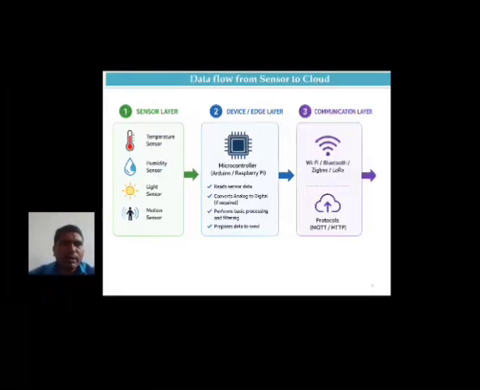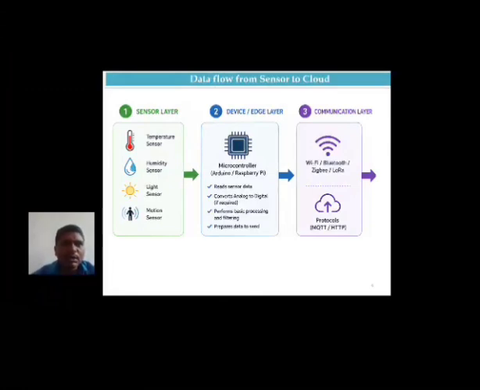And the third one is the communication layer. After processing, the data is sent through the communication layer. This includes Wi-Fi, Bluetooth, Zigbee and LoRa. Depending upon our application, we need to choose either Wi-Fi or Bluetooth or Zigbee.